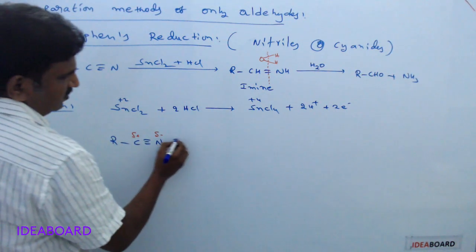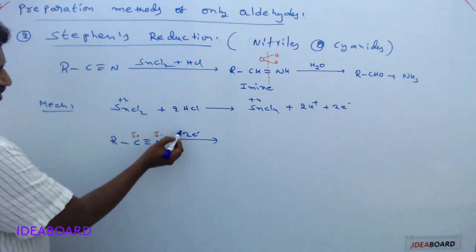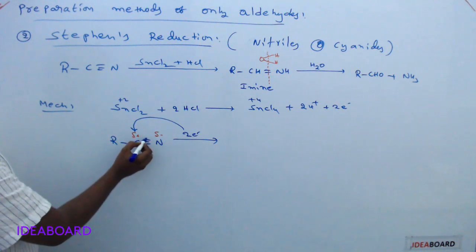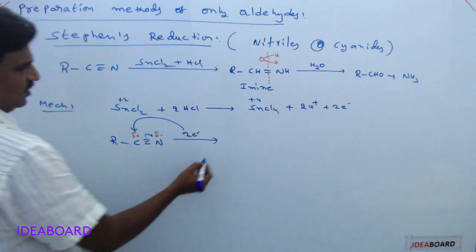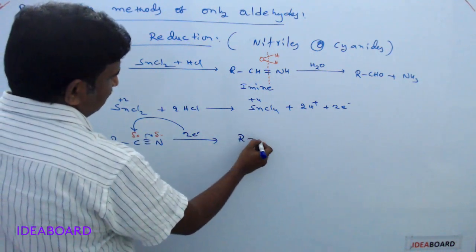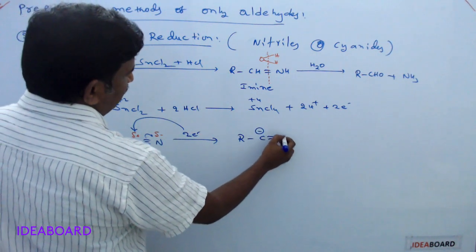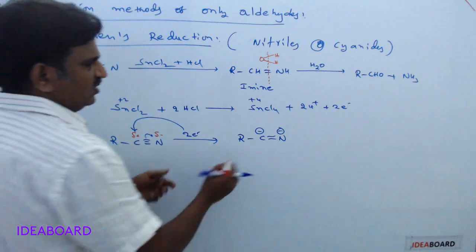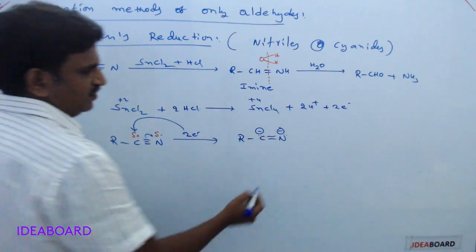Now first the two electrons attack the carbon atom, and the pair of electrons shifts onto the nitrogen. So what is formed is RC with a negative charge and N with a negative charge, each having an electron pair.